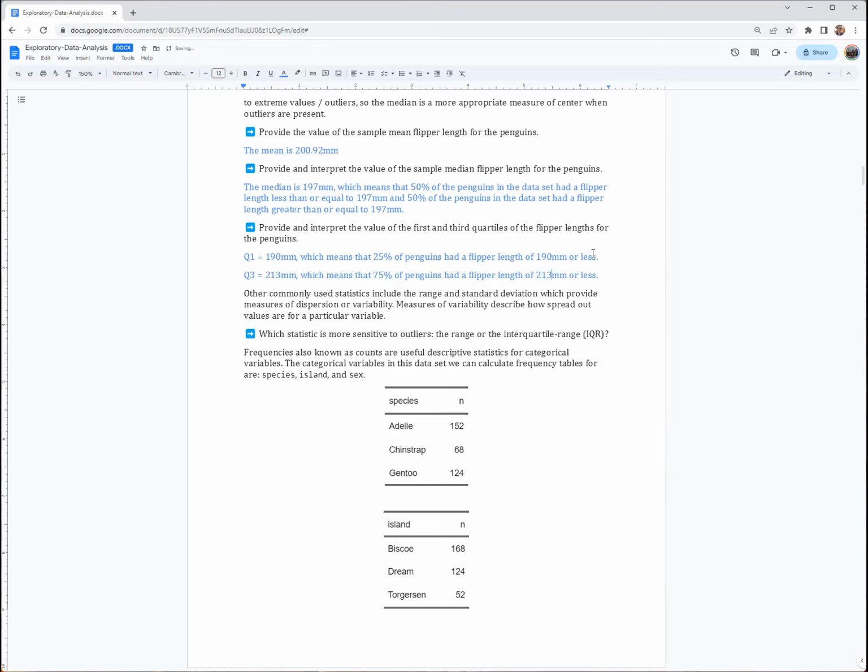And here's how we can interpret these values. Q1 is the 25th percentile, which means that 25% of penguins had a flipper length of that value or less. Q3 is the 75th percentile.